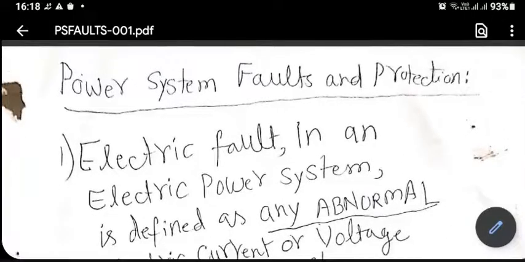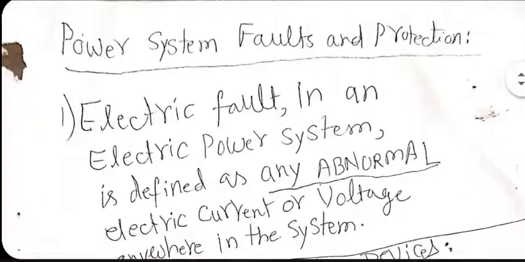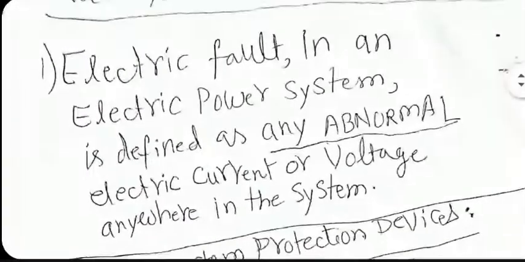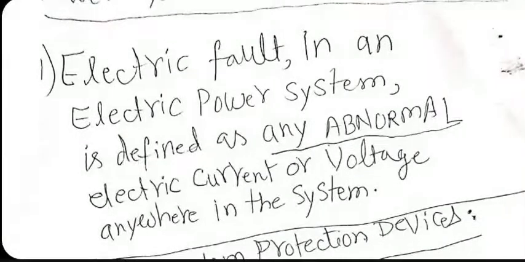Electric fault in an electric power system is defined as any abnormal electric current or voltage anywhere in the system. Any abnormality in current or voltage value anywhere in the system means there is a fault, electric fault.